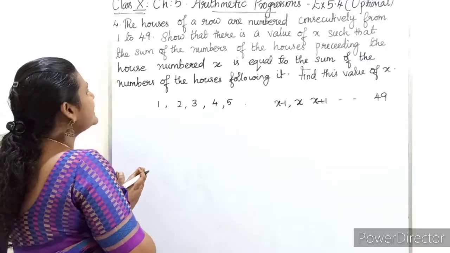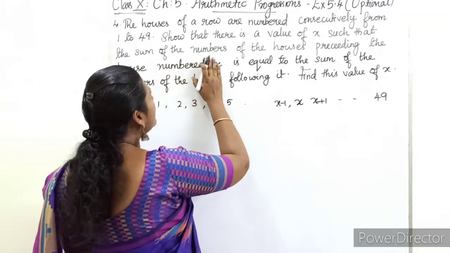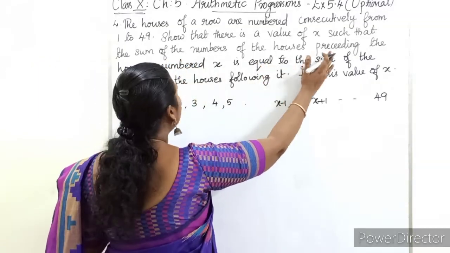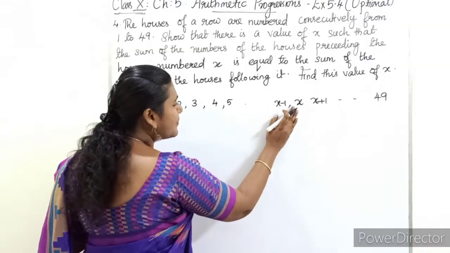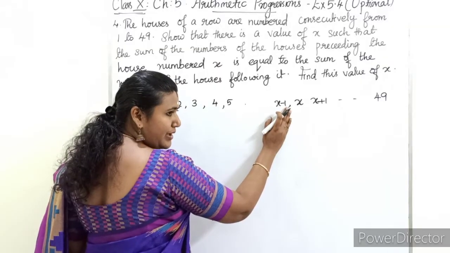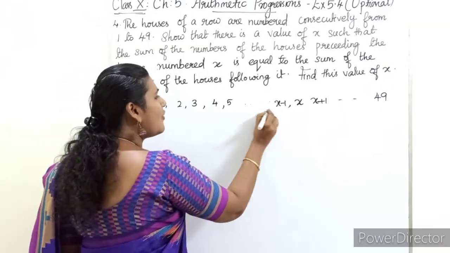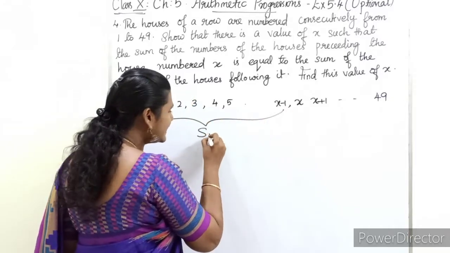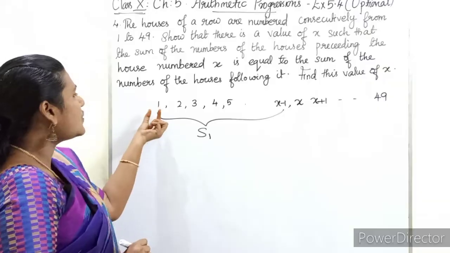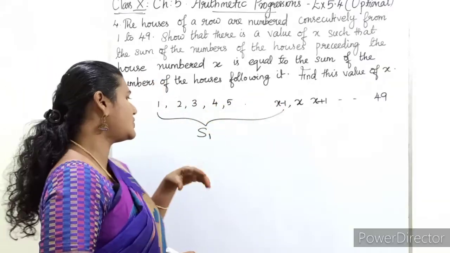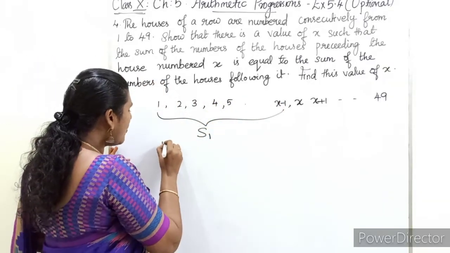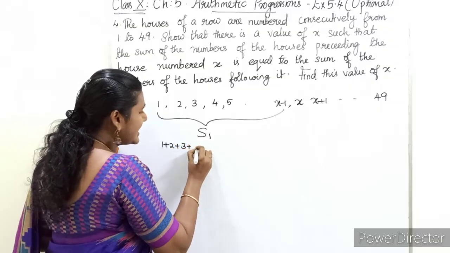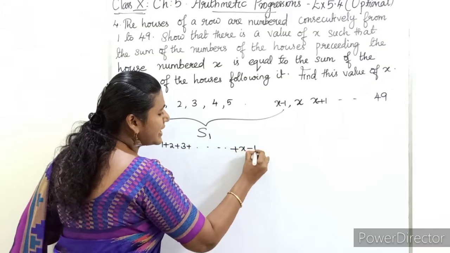Now the question is the sum of the numbers of the houses preceding number x. Preceding number x means up to x minus 1. So the sum of these numbers, we will denote as S1. S1 is nothing but 1 plus 2 plus 3 plus etc. up to x minus 1.